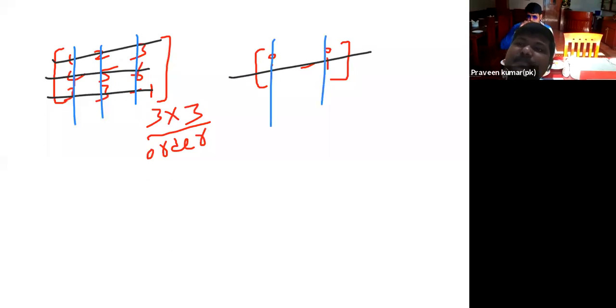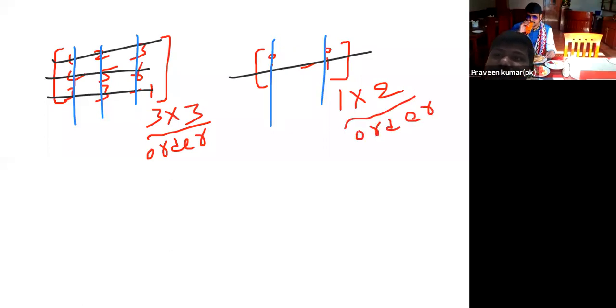Correct? So what is the order of this matrix? 1 cross 2. 1 row, 2 columns. This is the order. 1 black line, 2 blue lines. 1 row, 2 columns. I minus I.